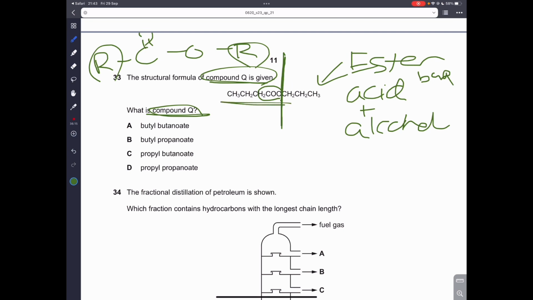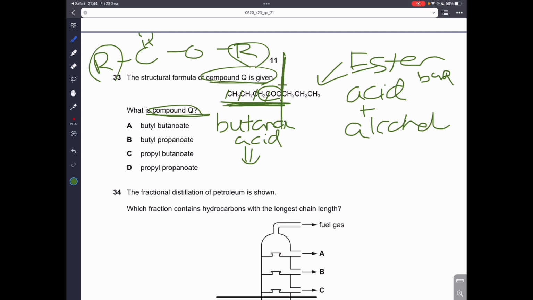We can see that this side has 1, 2, 3, 4 carbon atoms. So we can say that it's going to be made of butanoic acid, and this butanoic acid forms the CH3, CH2, CH2, COO minus.